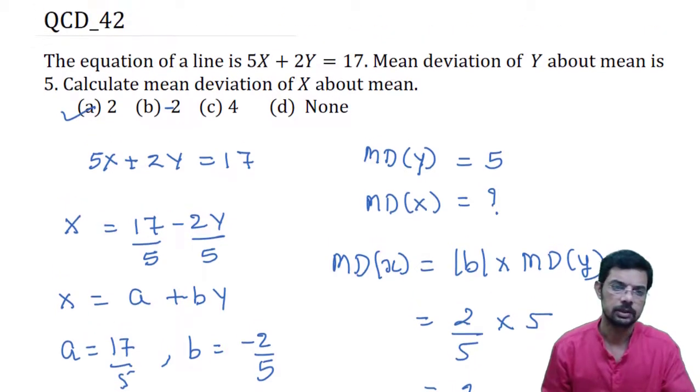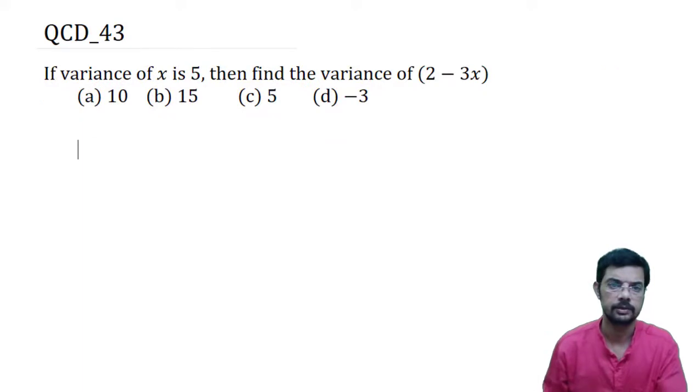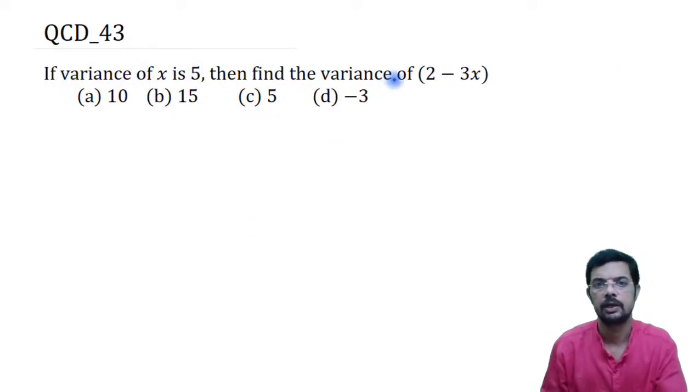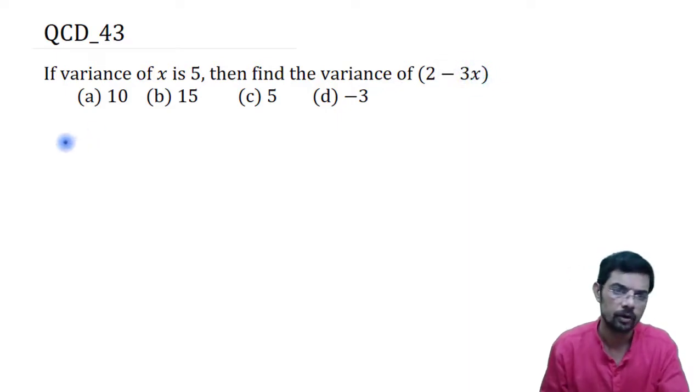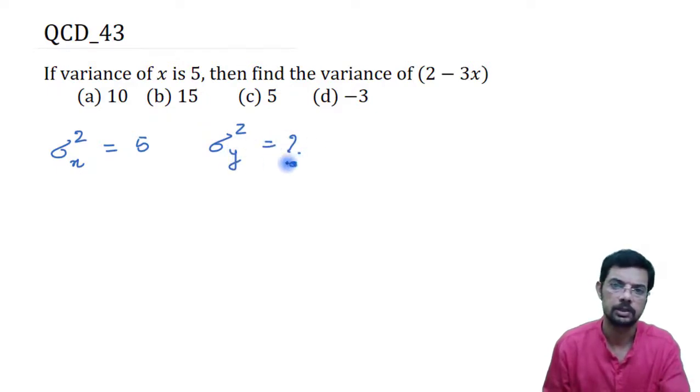Okay, next question, question number 43. It says that if the variance of x is 5, then find the variance of 2 minus 3x. So we have sigma square of x known to you as 5, and we need to find sigma square of y. What is the relationship?